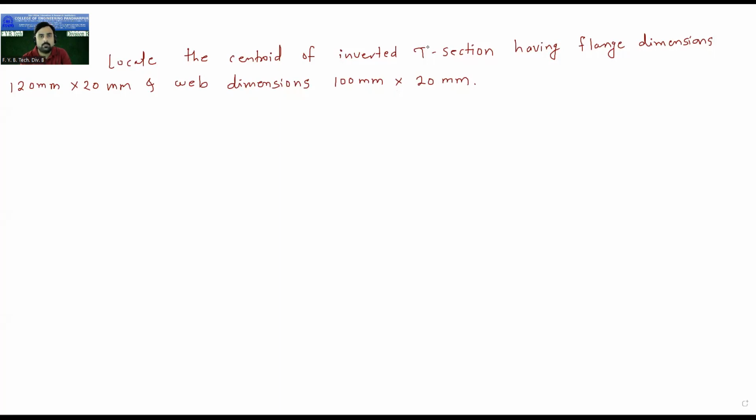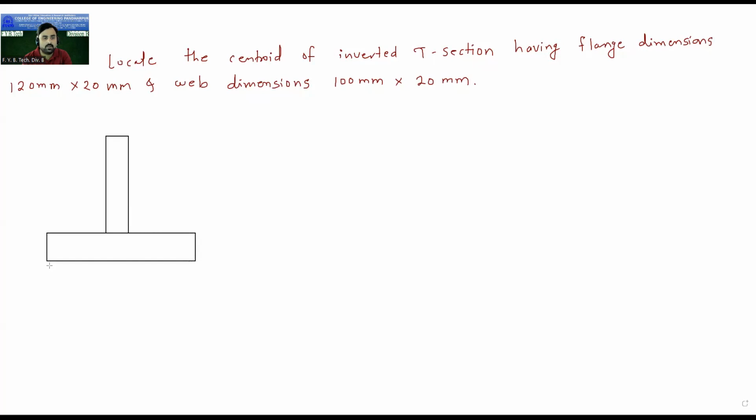Now, if we draw the diagram of this inverted T section, this is your web. Now, this is the flange. This is the inverted T section. And what are the dimensions given to us? Flange dimension is 120 by 20 mm.